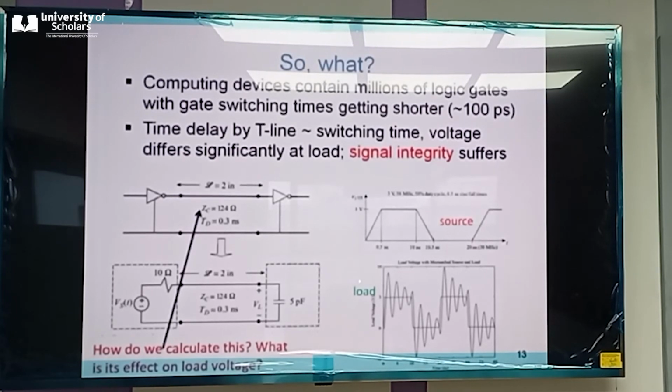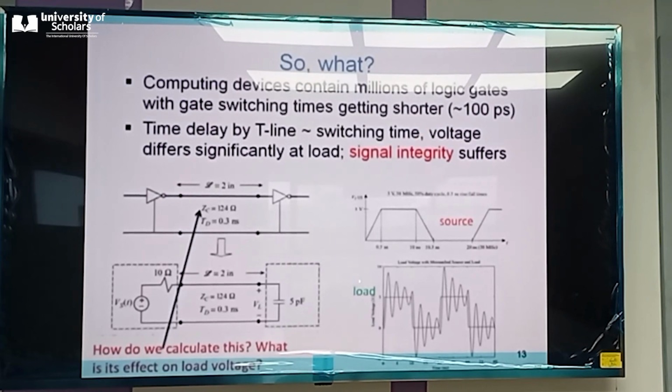So in order to obtain the correct output, in order to predict this, one has to replace the interconnect by a pair of transmission lines, or actually a single transmission line. So we model this source by a voltage source with a resistance and the load by, say, a capacitive load, for example. And then this piece of wire, which is called the interconnect, that connects the two logic elements, as a transmission line.